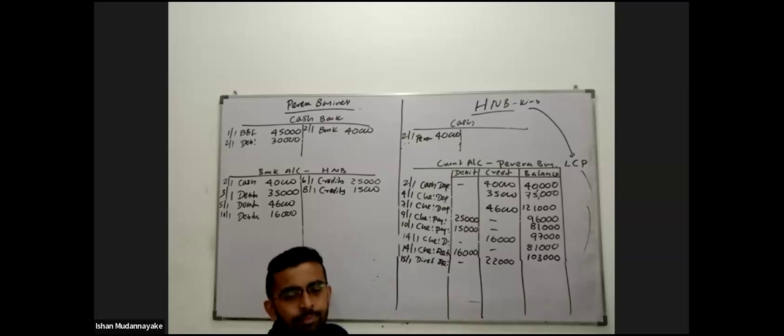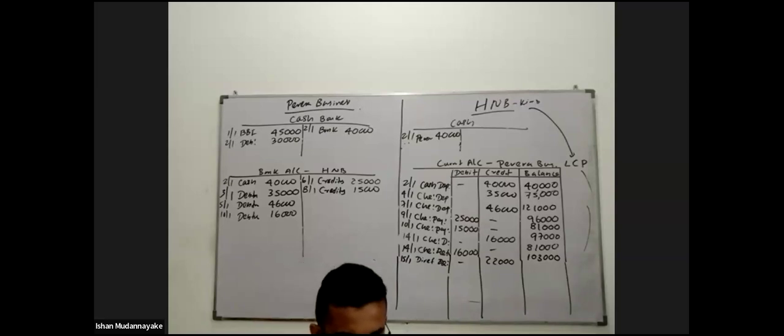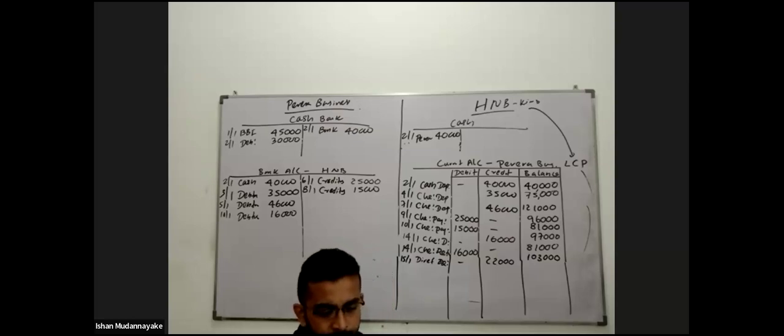After receiving the bank statement, he records this 20,000 in the adjusted bank account. Clear, Dakshani?